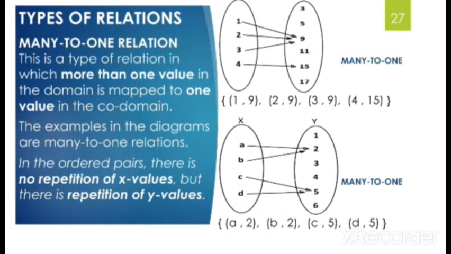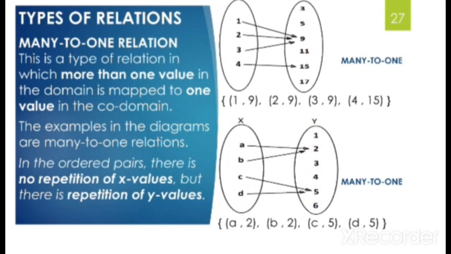And you will notice that there are 3 numbers that are mapped to just one number in the codomain. And because of that, we say that this is a many-to-one relation. The same thing can be said of the second diagram. We have A and B, both of them mapping to 2. Then we also have C and D, both of them mapping to 5.